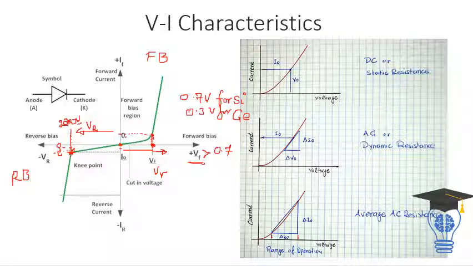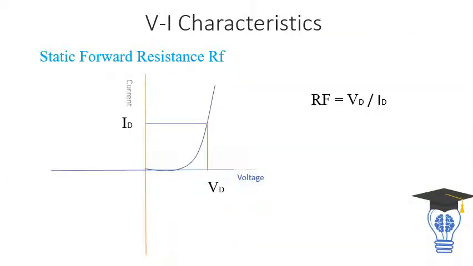And from this graph we can find out different resistances of the diode, DC resistance or AC resistance, that we will see in the next slides.